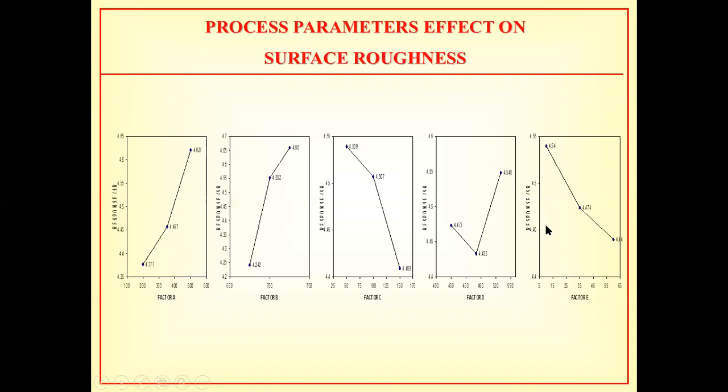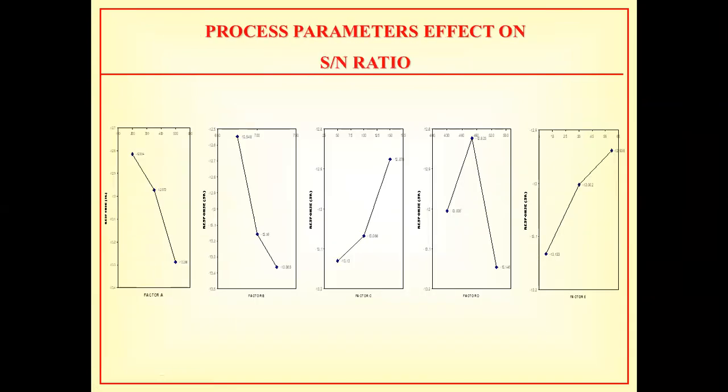So if I look at all these diagrams, I will say to get the minimum surface roughness, factor A should be at the lowest level, A1. Factor B should also be at the lowest level. So A1, B1. Then C should be at the highest level, 3, because going 1, 2, 3, surface roughness is minimum at 3. Fourth one should be D2, and fifth one should be... So that is the raw data analysis. Then we did the SN data analysis.